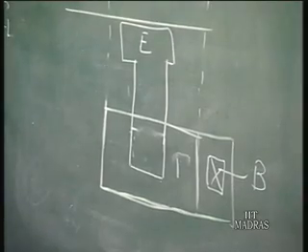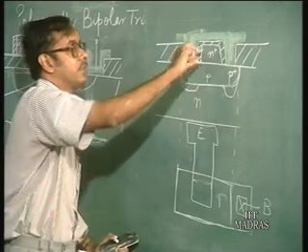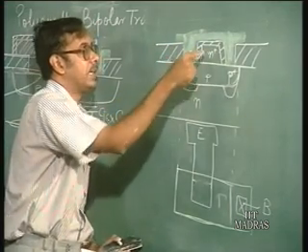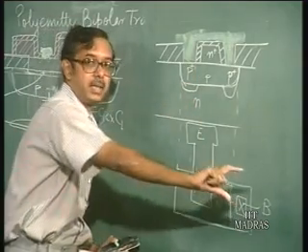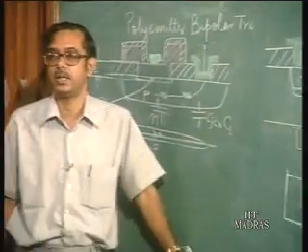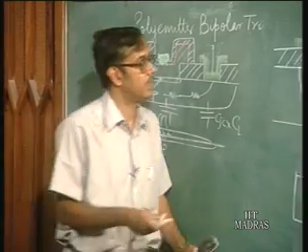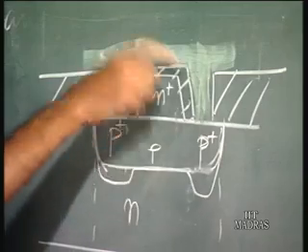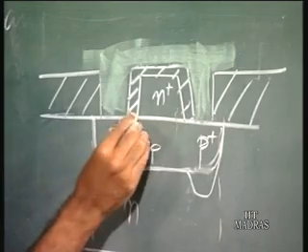You understand? So you have the emitter metal running this way, the base metal running this way, and because of the oxide covering the emitter poly, there is no connection.